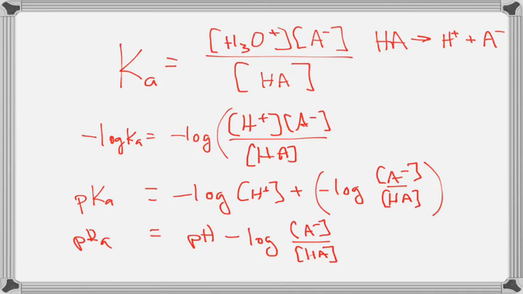Why is that a really helpful expression? When we go back to this ice chart, we assume that X is really, really small. So what's the equilibrium concentration of fluoride, if X is really, really small? 0.045, which happens to also be the initial concentration. Do I need to solve the ice chart at all?